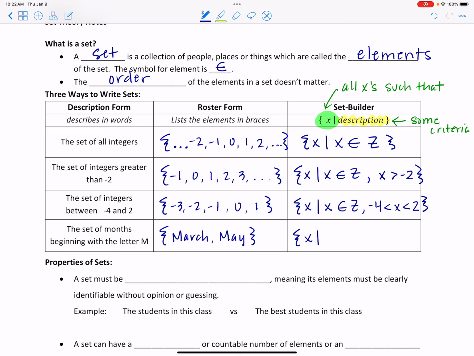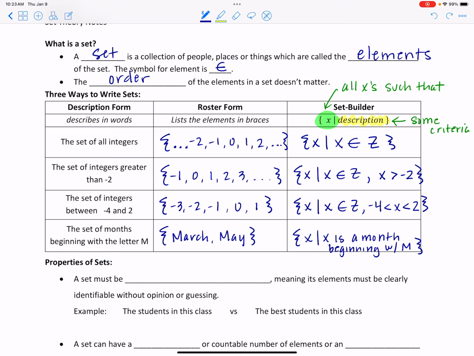So I'm going to say x is a month beginning with M. So it seems a little silly again to do this because it's really just the same thing that we have in the description form, but with that set builder notation.